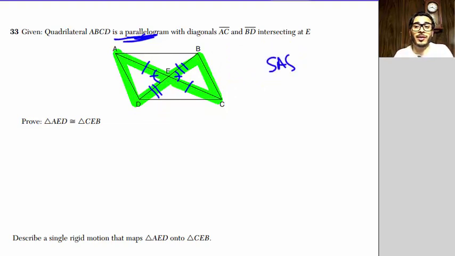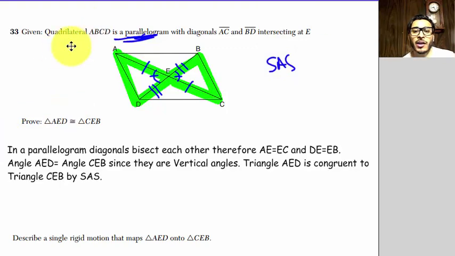So here's my explanation. In a parallelogram, diagonals bisect each other, therefore AE is equal to EC and DE is equal to EB. Angle AED is equal to angle CEB since they are vertical angles. Triangle AED is congruent to triangle CEB by side angle side. So there you go. We proved it.